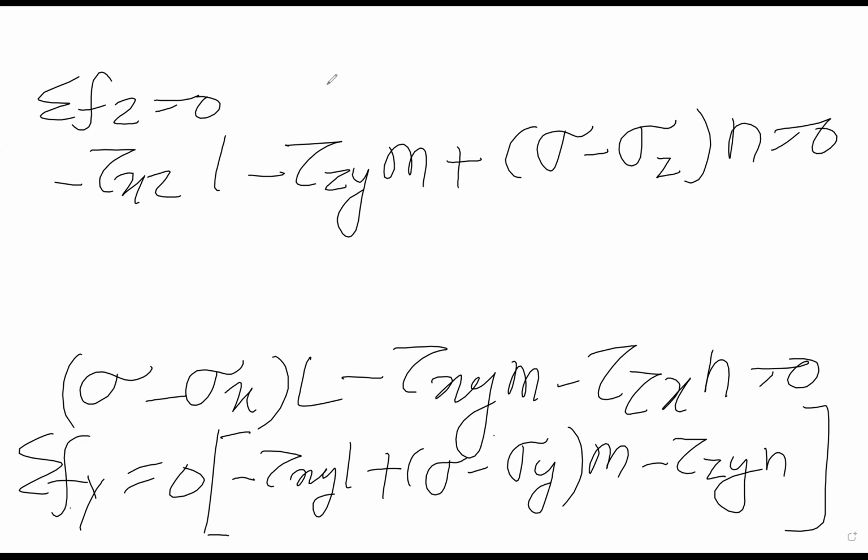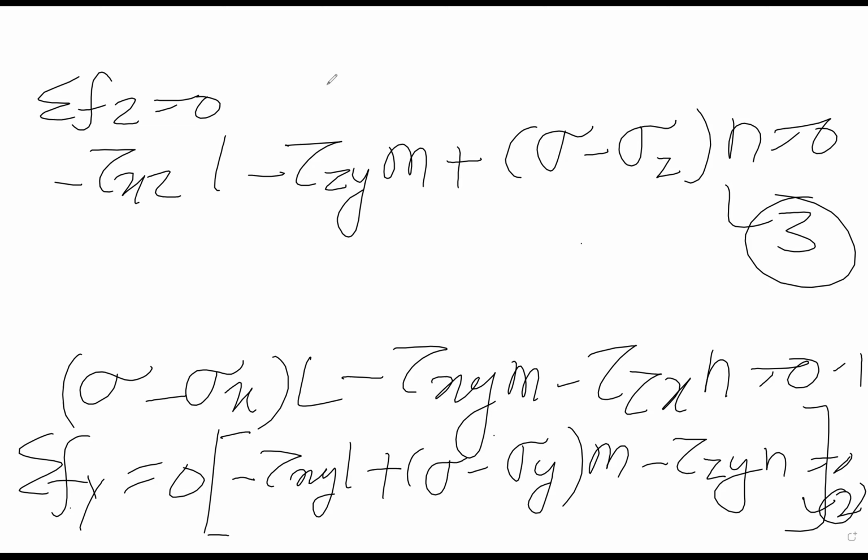Now there are three equations, each equal to 0. This is equation 1, this is equation 2, and this is equation 3. These are the three equations.